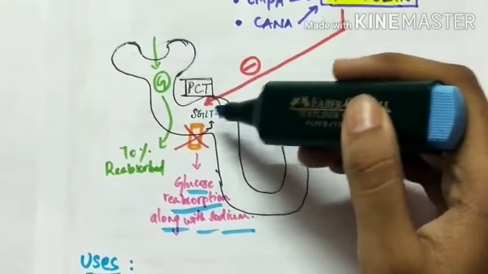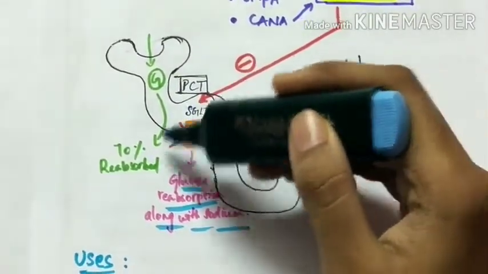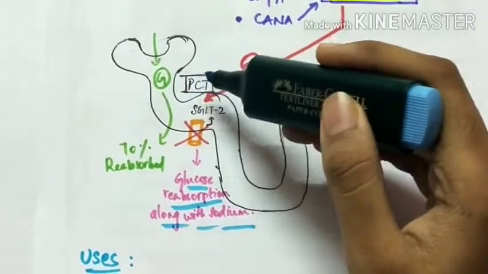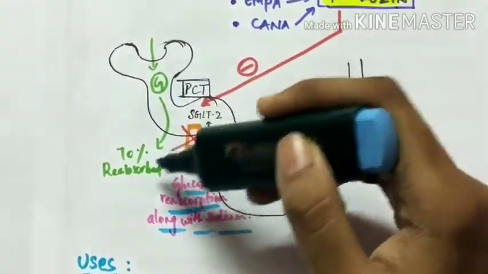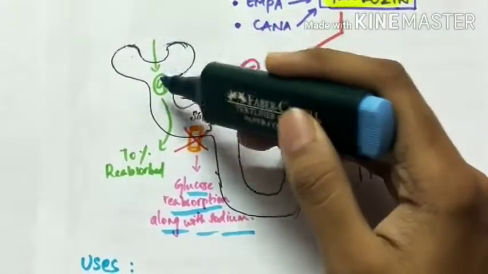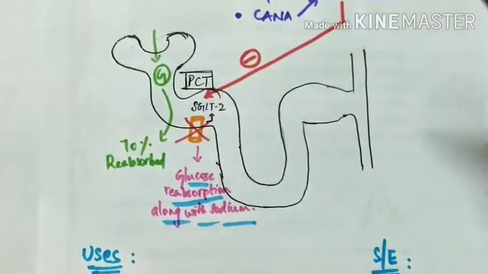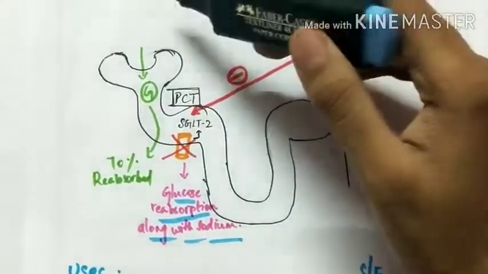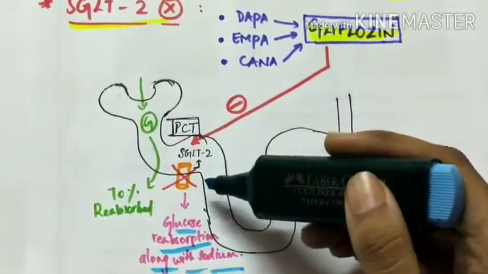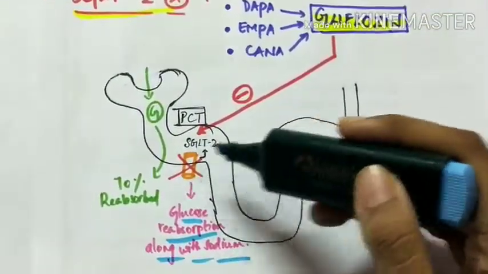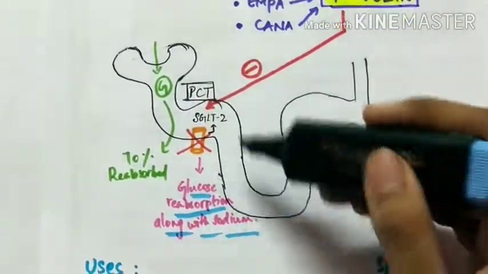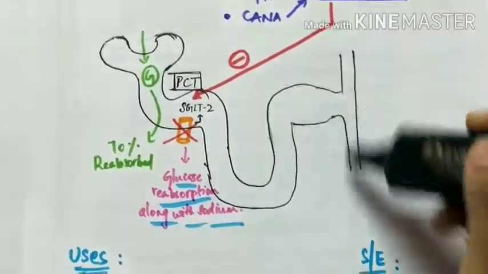Sodium glucose cotransporter is at its maximum concentration in the proximal convoluted tubule, where 70% of the filtered glucose is reabsorbed. These drugs, SGLT2 inhibitors, inhibit this channel. So the glucose is not reabsorbed and it is excreted in the urine.